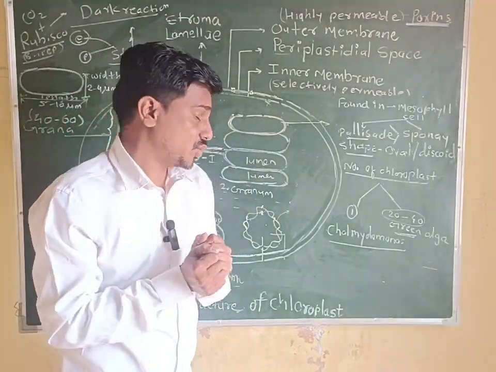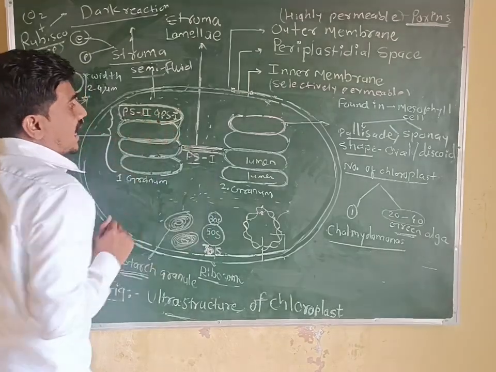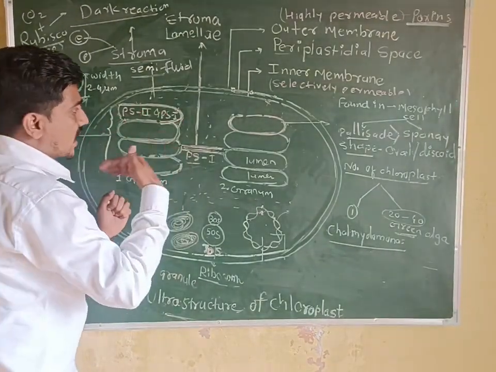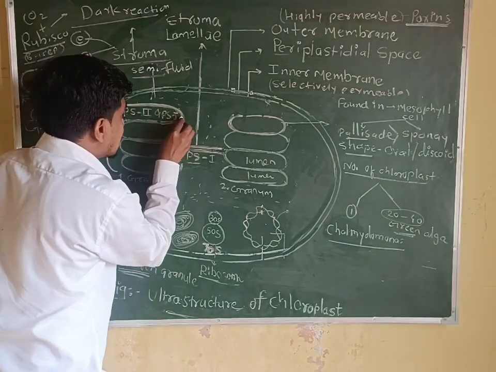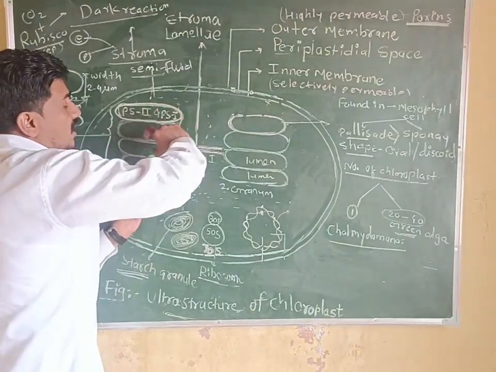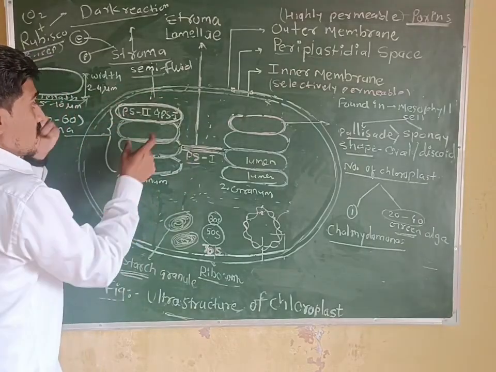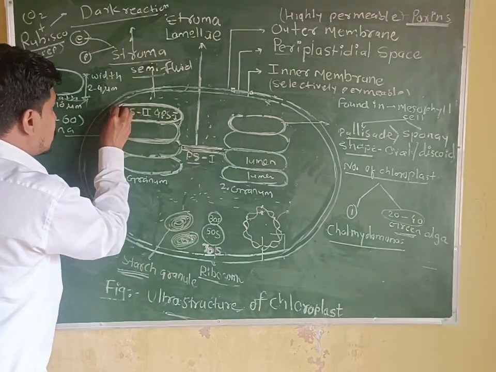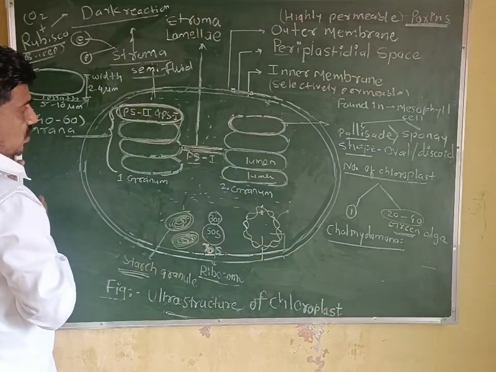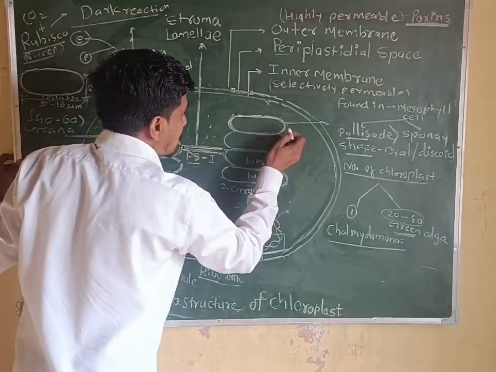What is grana? Stacks of thylakoid are known as the grana. A single one is a thylakoid. There are many thylakoids arranged in a stack manner. So the whole set of stacked thylakoids is known as the grana. This one is also grana.